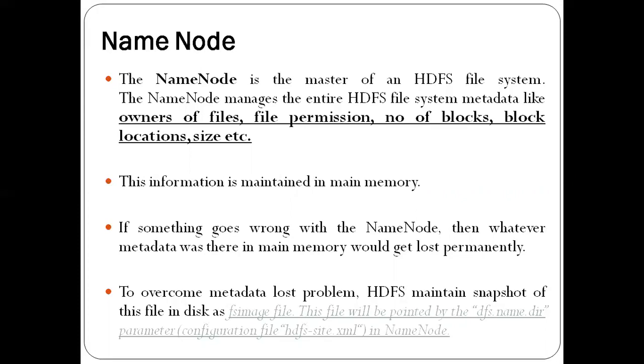So to overcome this metadata loss problem, HDFS maintain a screenshot of this metadata information. We call this screenshot file as FS image file. This file gets stored in the hard disk and is pointed by the pointer dfs.name.directory.